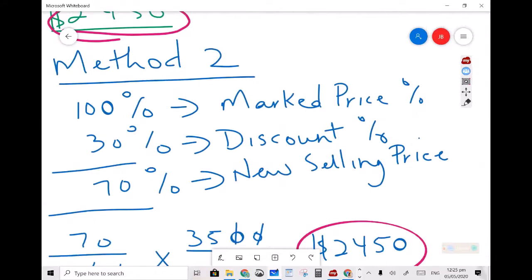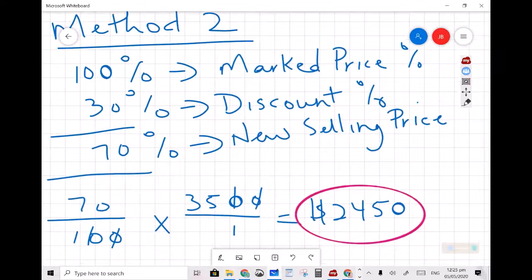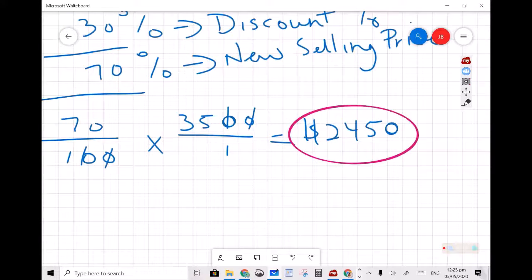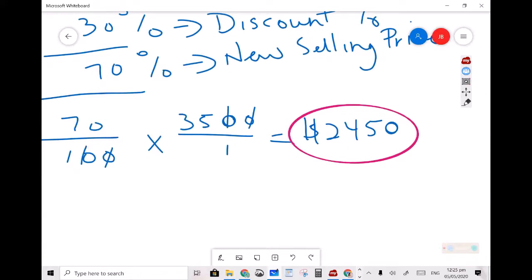And then method 2, where we did something a little bit different, where we actually subtracted our discount in terms of a percentage. So we use the percentage first. We establish our new selling price in terms of a percentage and used that new percentage to calculate from our mark price, thereby getting our final answer, which is the new selling price.